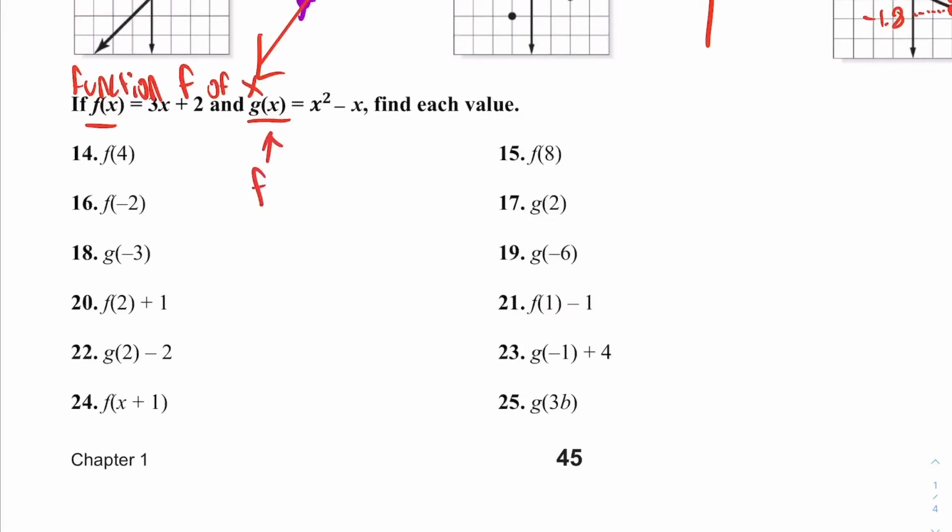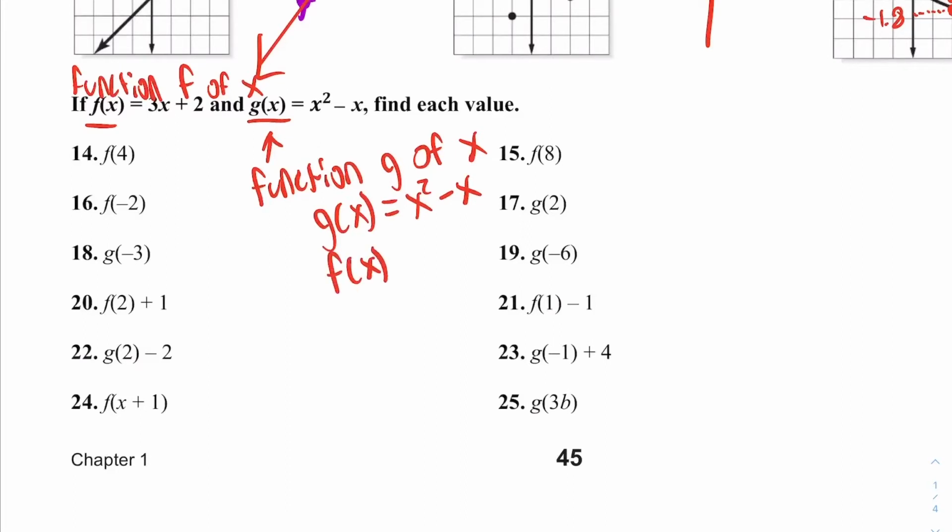And this is function g of x. G of x is equal to x squared minus x. F of x is equal to 3x plus 2.